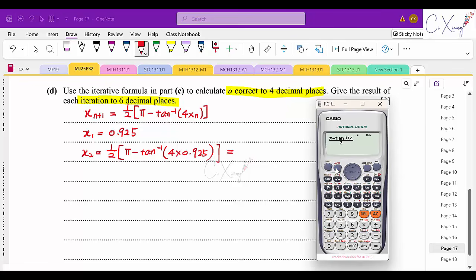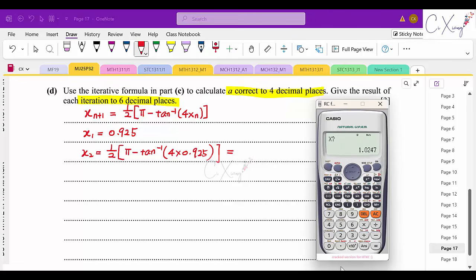So 4, then x, and close bracket. Okay, and before you use the calculator here, again, double confirm and see whether your calculator is in the radian mode. Right, so once it is ready and you already key in the formula, let's use the calculator and help us for the answer. Press calculate.